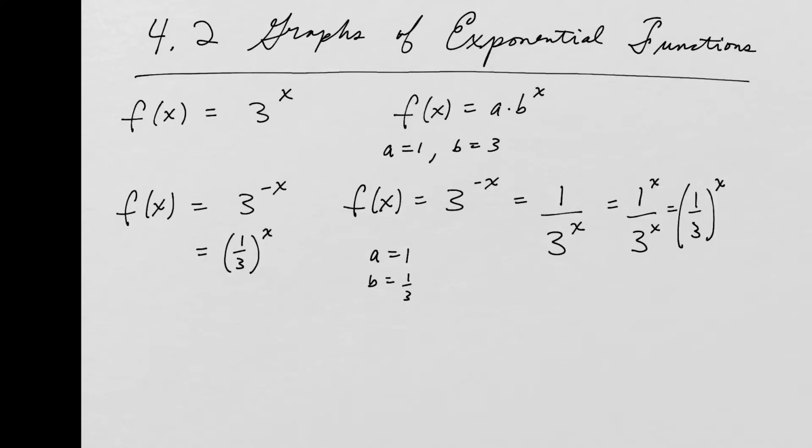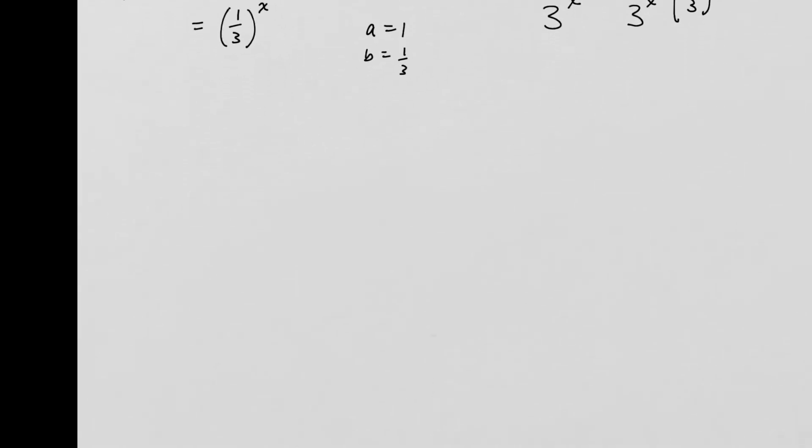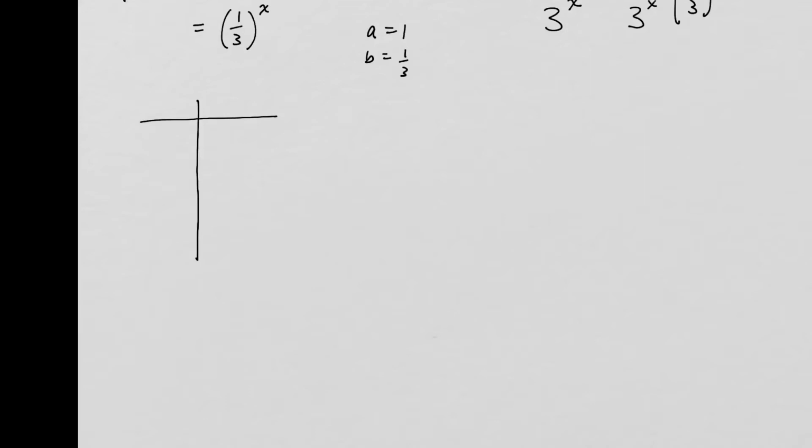All right, so let's get an idea of what these look like. What I'll do is I'll make a little table for each of these functions. So for the first function, I have x, and then I have 3 to the x power. And for the second one, I have x, and then I have 3 to the negative x, but that's the same as (1/3)^x.